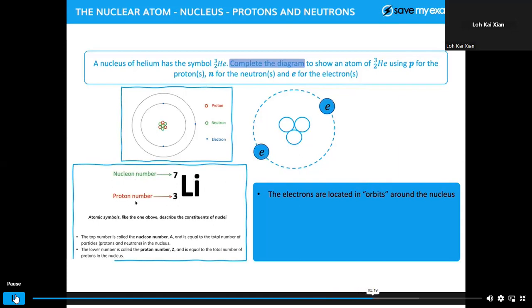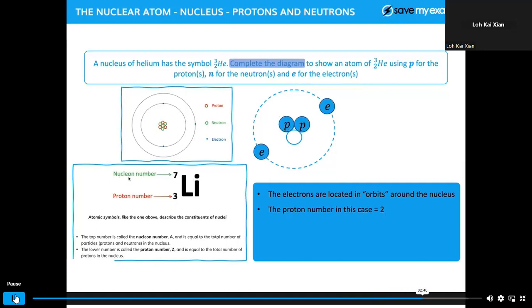So let's focus on the proton number. For lithium, the proton number is 3. We're not worried about lithium, we're worried about helium, and the number at the bottom is 2, which means that the proton number for helium is 2, so there have to be 2 protons in the nucleus. So we can go and fill those in.